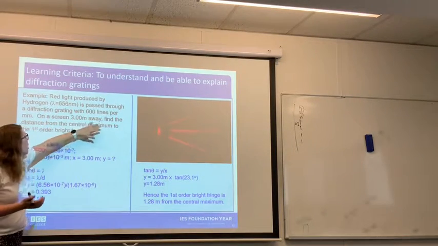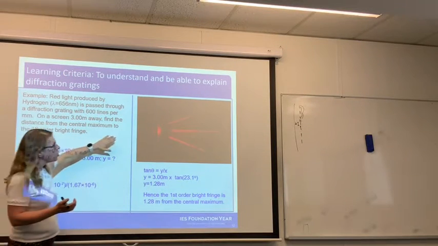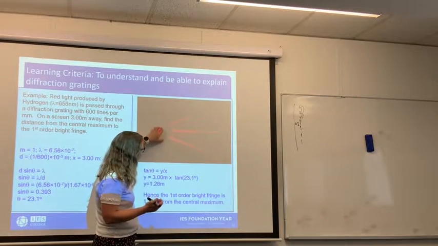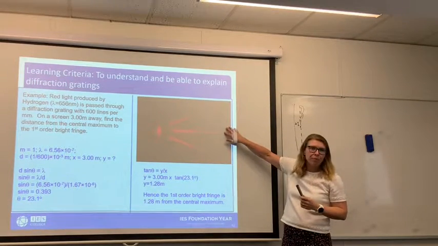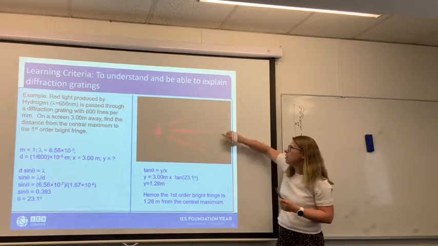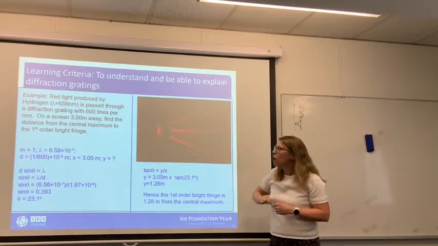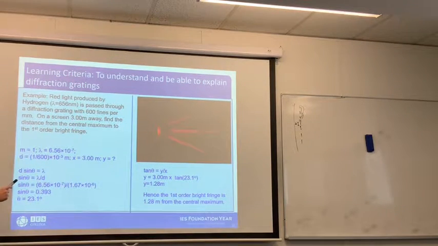On a screen 3 meters away, find the distance from the central maximum to the first order bright fringe. So here, the light is shone through. The diffraction grating's here. And then you see it starts to spread out. This is the central maximum. Here, these are the first order fringes because they're the ones one out from the central maximum. So I take my data that I know. It's a first order bright fringe, so n is 1. The wavelength is 656 times 10 to the negative 9.